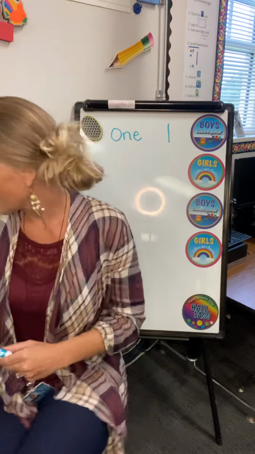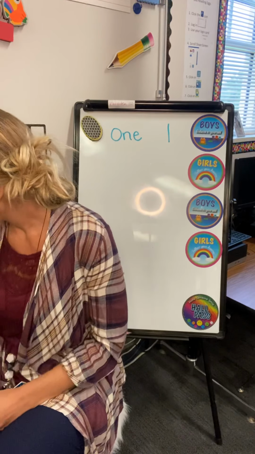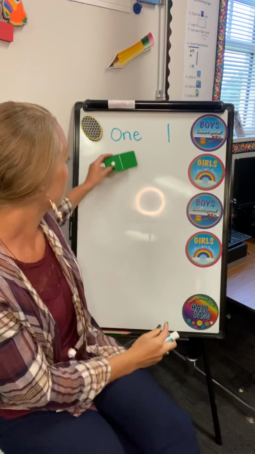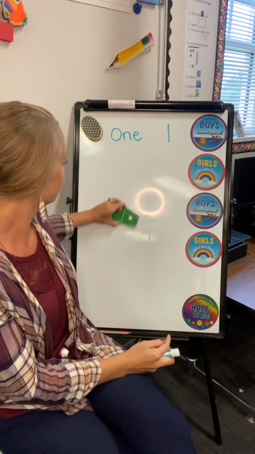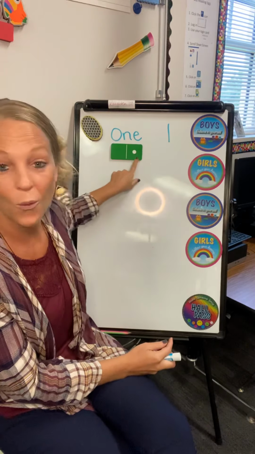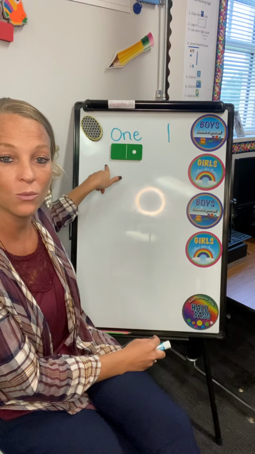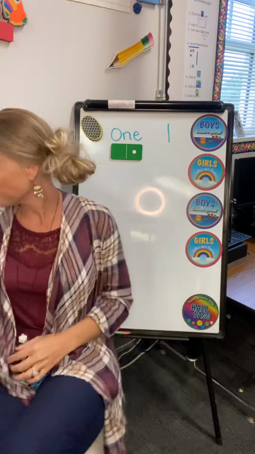And then also there is something called a domino. If you look at this domino, how many dots does it show? It shows 1 dot.